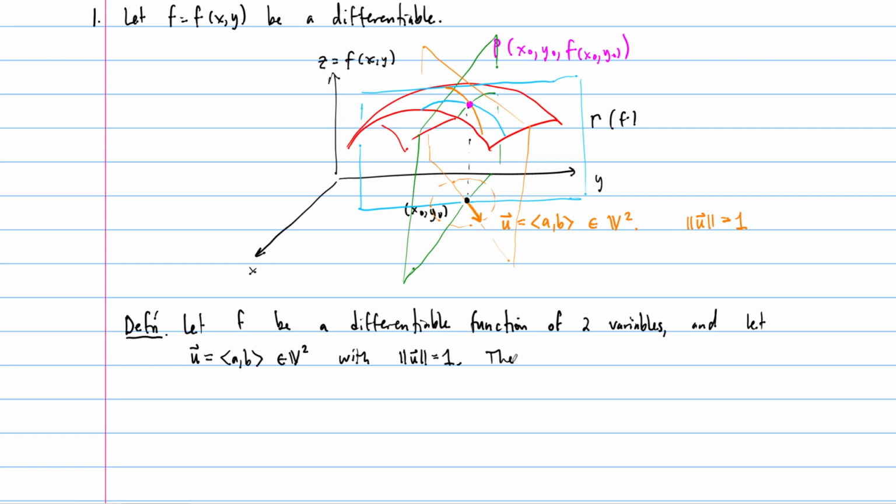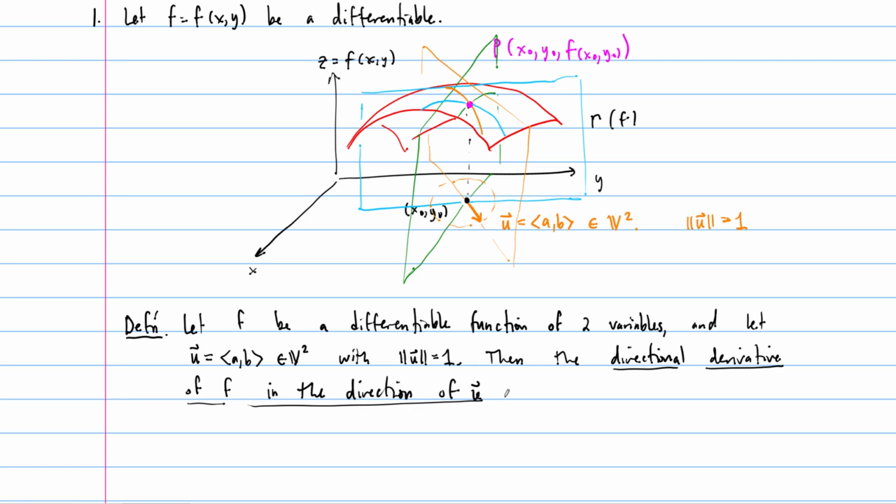All right? Then the directional derivative, this is what we're defining here, the directional derivative of f in the direction of u, and then we have to say at a point.